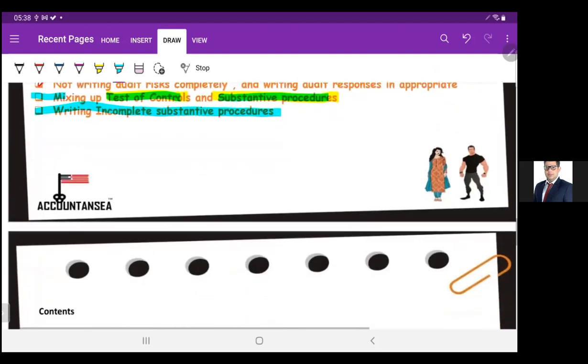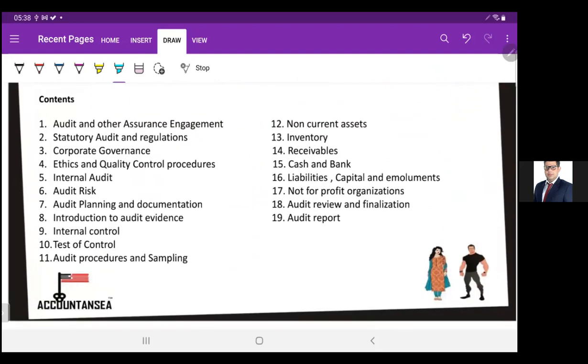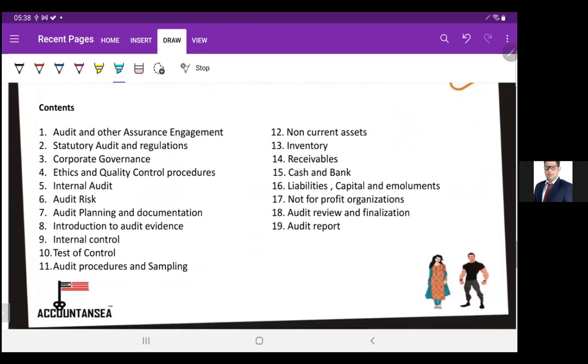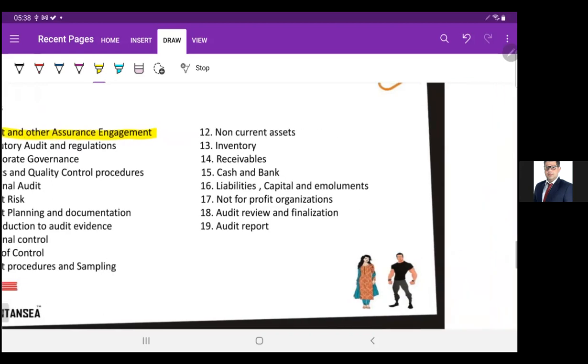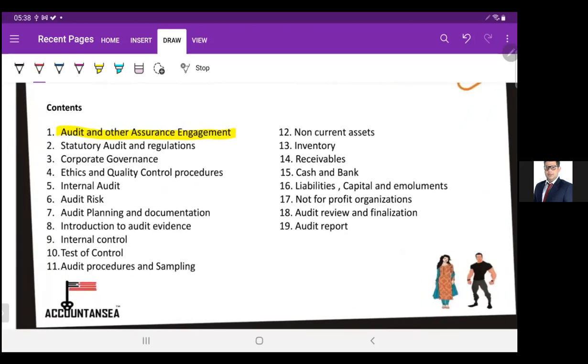Now let us discuss the course outline, the contents of the course of audit and assurance. The first area is about audit and other assurance engagements. In this chapter, you will learn what is audit, its advantages and its disadvantages.